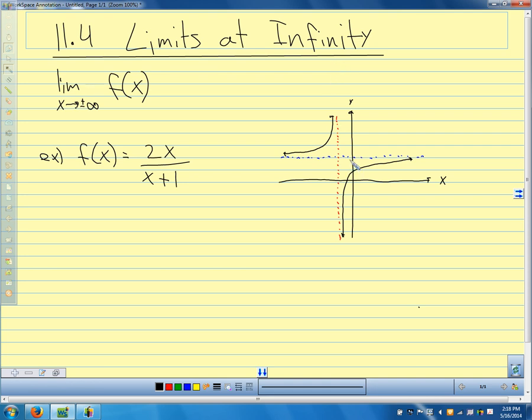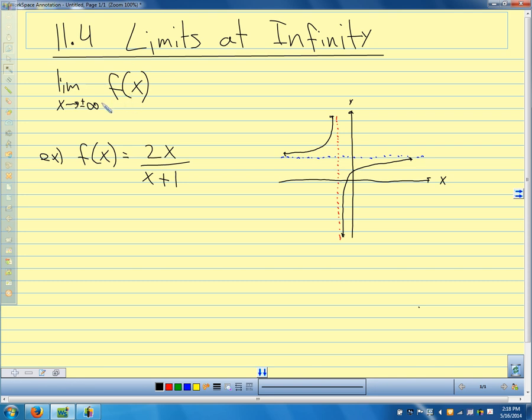So as x approaches -1, what's our limit? Does not exist. The function is unbounded, so our limit does not exist. This is what we talked about in the very first lesson: when our function's unbounded, our limit doesn't exist.